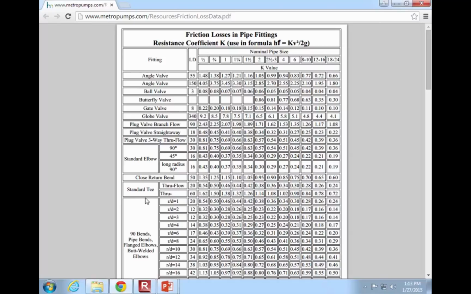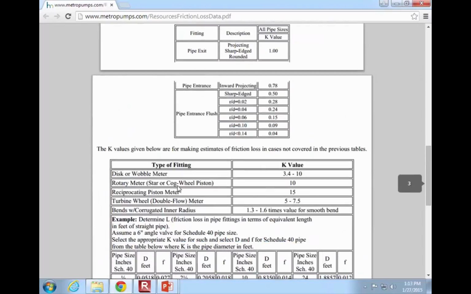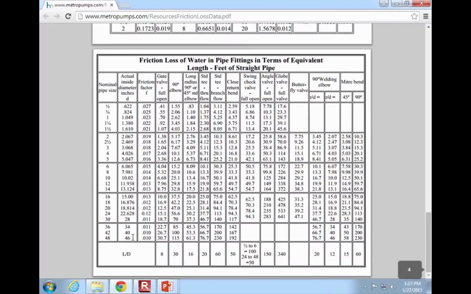That's my guess. That globe valve is 340 length to diameter. I don't know, that could be off, but that's how it seems they're using L to D here.